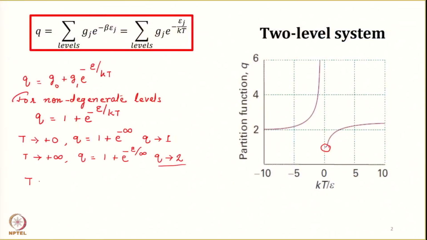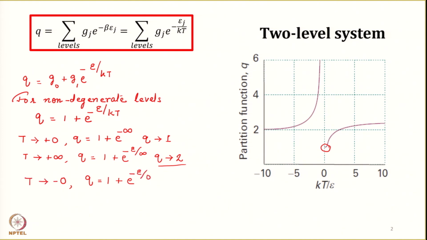Now let us talk about T approaching a value of minus 0 from the negative side. Then Q is equal to 1 plus exponential of minus E upon kT.